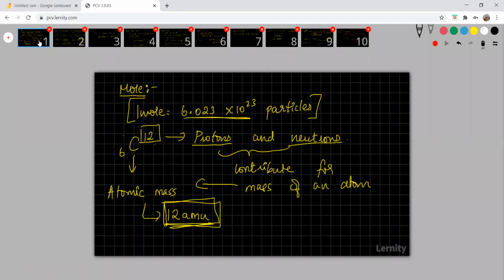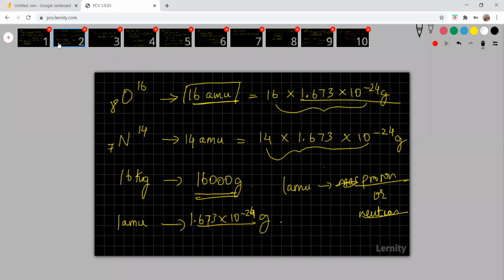Protons and neutrons are not different for each atom. It is the same for all the atoms. You understand? If it is 16 AMU, you write it as 1 by 16. Clear? 1 AMU is 1 by 16 the mass of oxygen atom or 1 by 12 the mass of carbon atom.